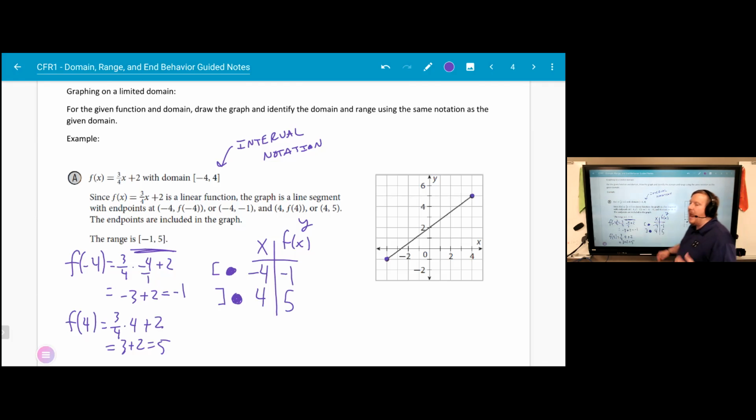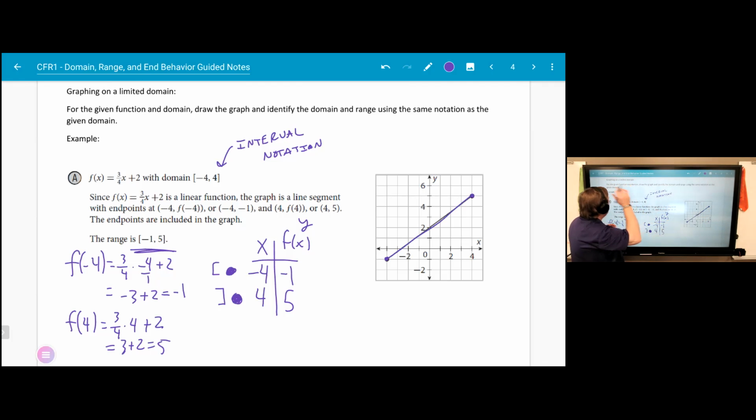And any x value in between would work, not bigger than 4 or less than -4. So I can't go out here with x's because they don't exist. I have to go between these two values. This is graphing on a limited domain.